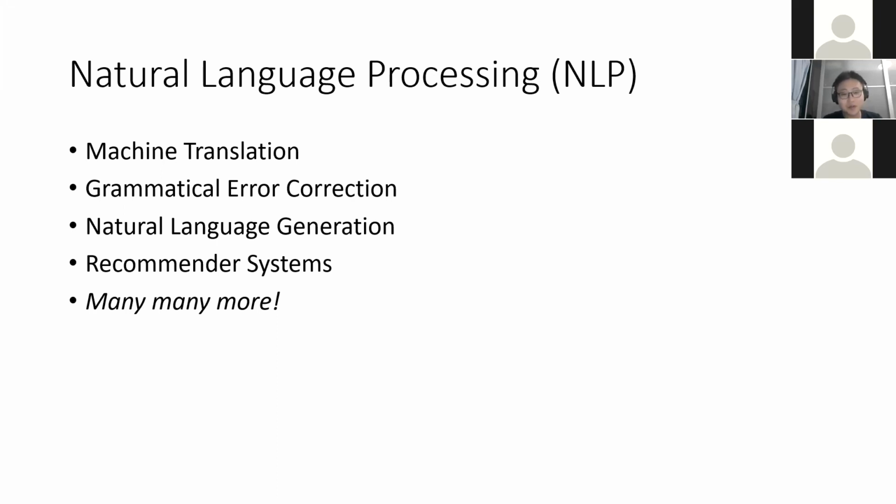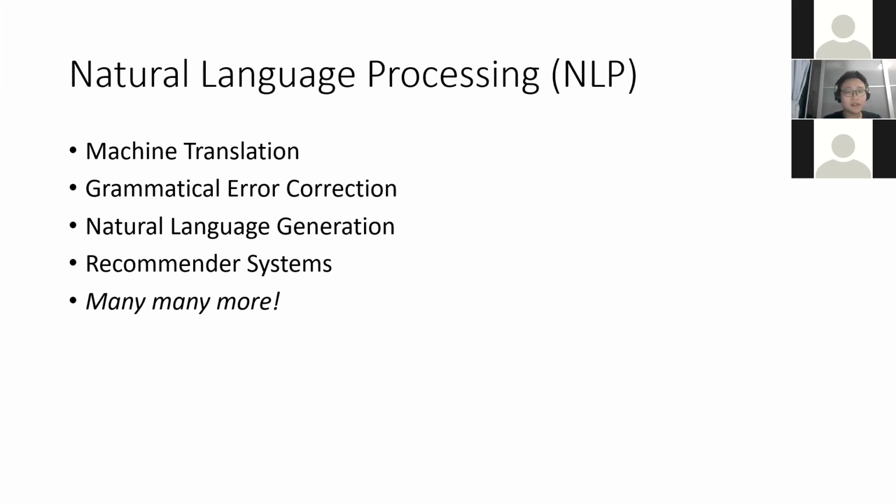You can do machine translation, you can do grammatical error correction. So when in Microsoft Word, you get suggestions to correct your grammar or spelling, stuff like that. You can also do natural language generation, which I touched on a long time ago in a previous talk, and also recommender systems.